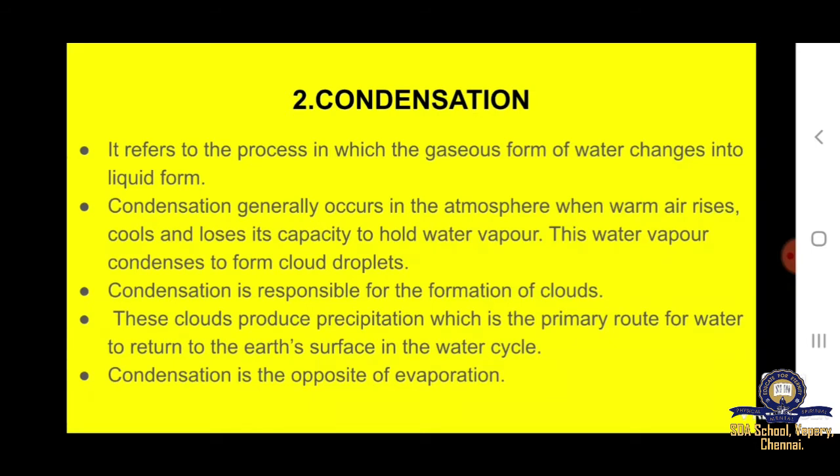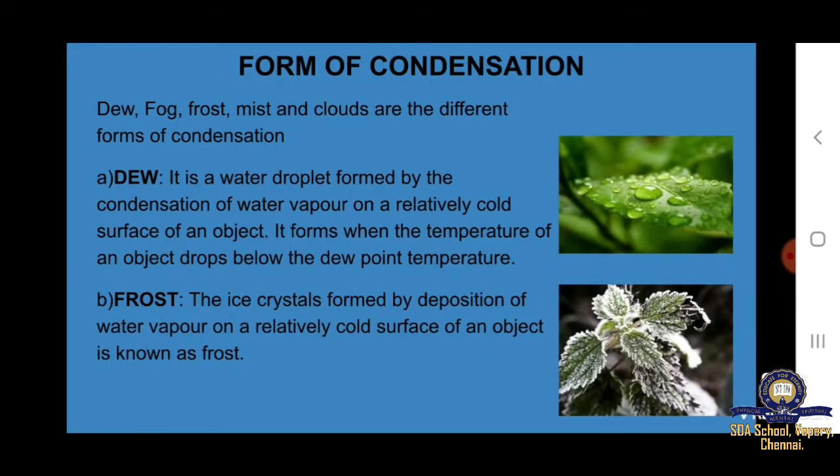This water vapor condenses to form cloud droplets. Condensation is responsible for the formation of clouds. These clouds produce precipitation, which is the primary route for water to return to the earth's surface in the water cycle. Condensation is the opposite of evaporation. And now let's see the forms of condensation.